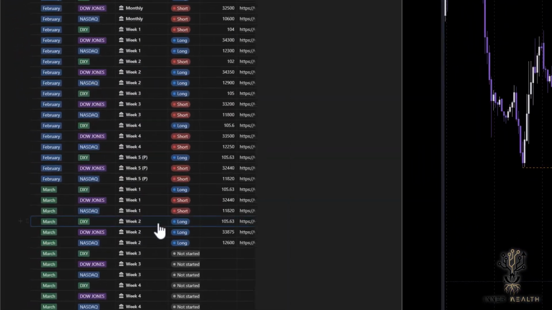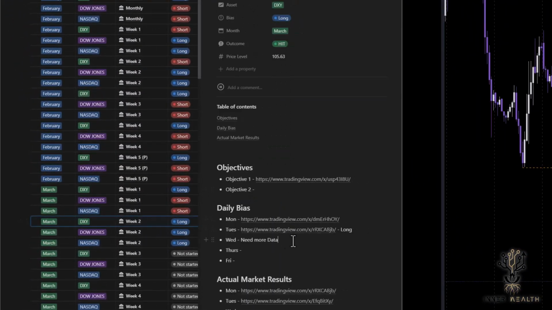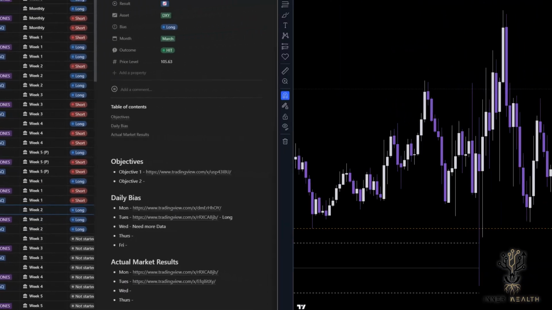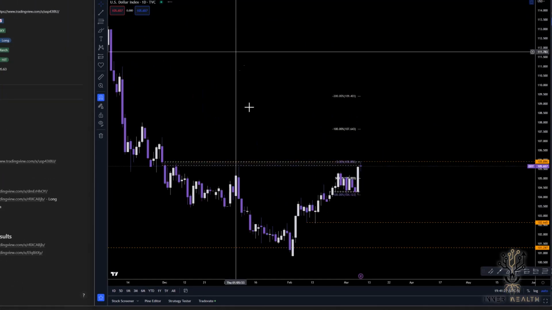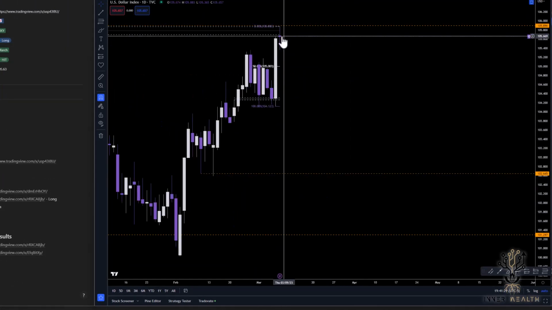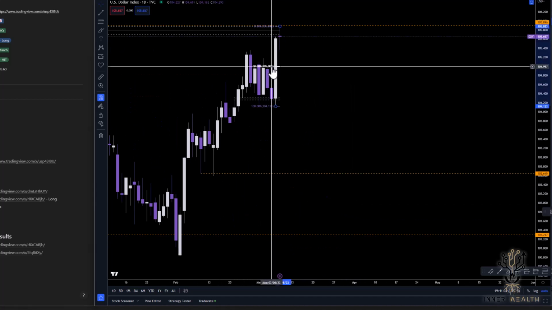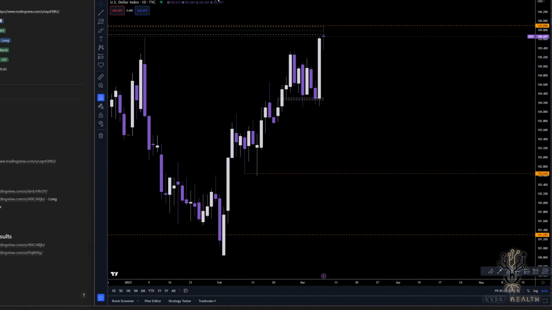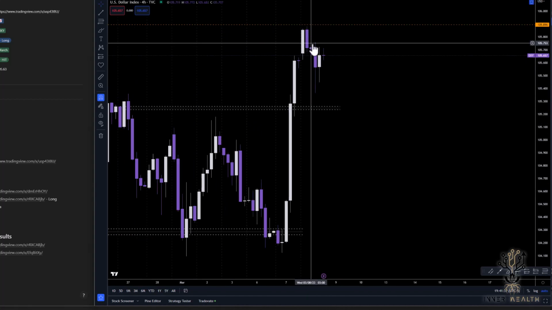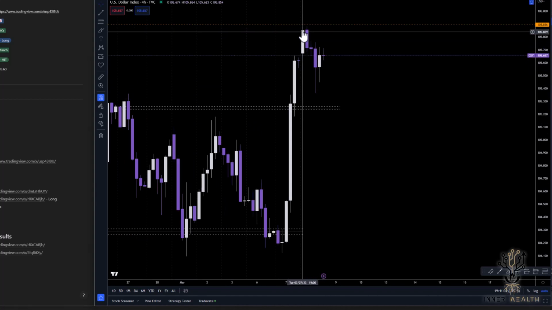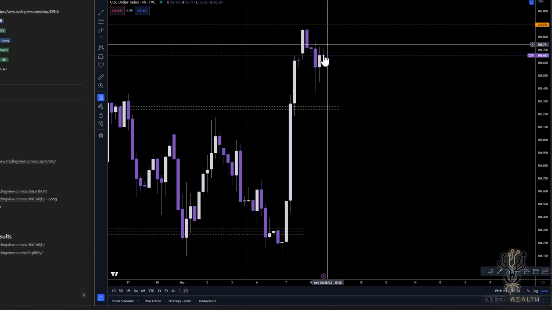Okay, so today I needed more data, okay, on Wednesday, and so let's still follow through on the DXY over here to the right. And I dictated again that I needed more data for today, right? And so this is why, honestly, literally why I wanted more data, is because I kind of figured we were just gonna chill down here for a bit.